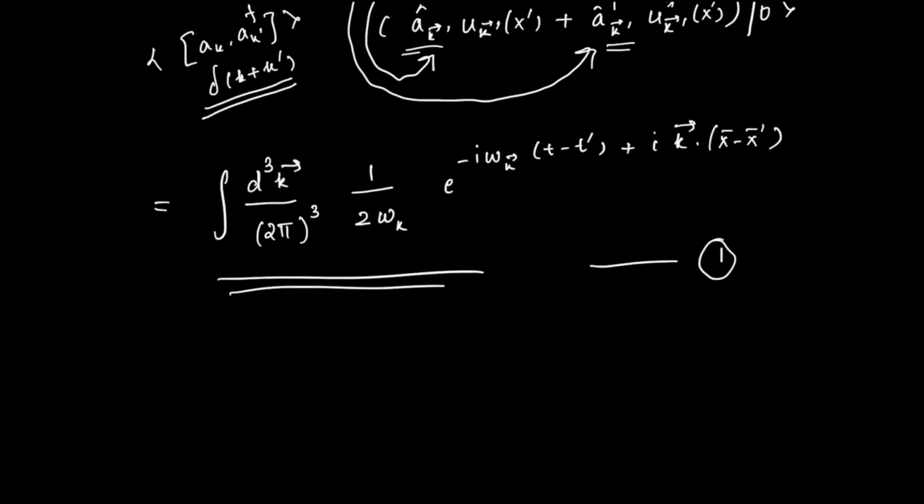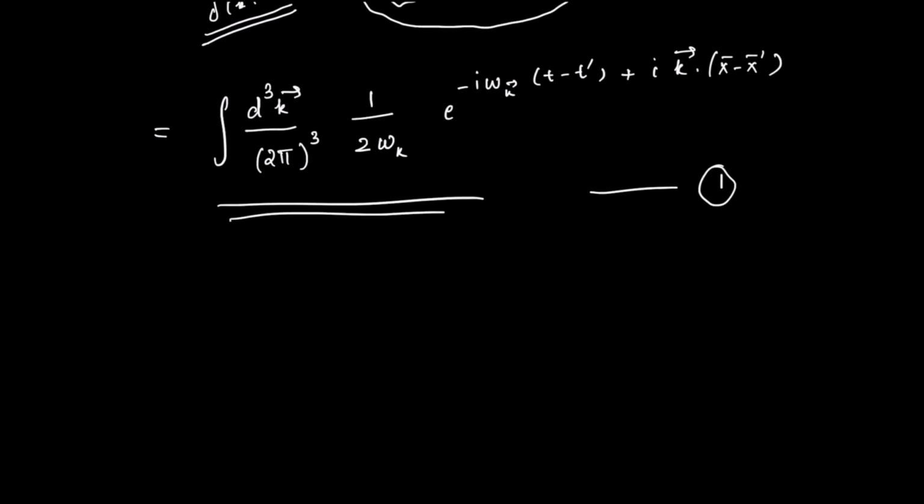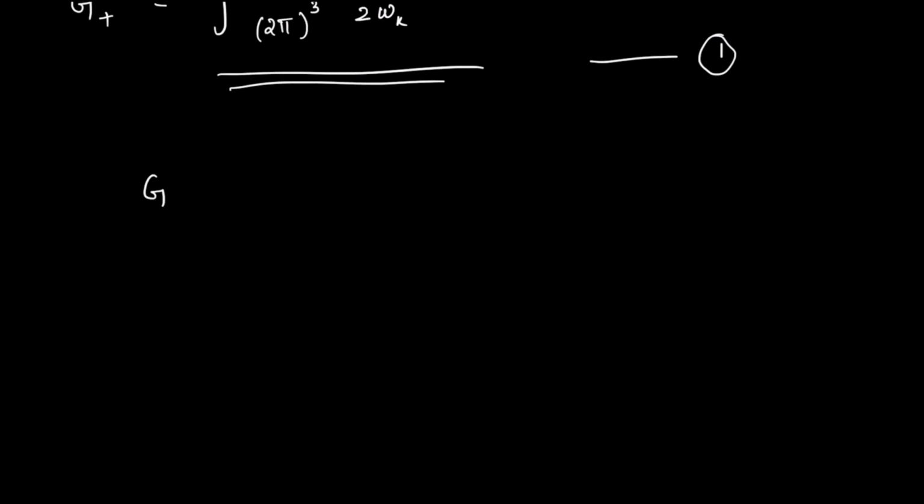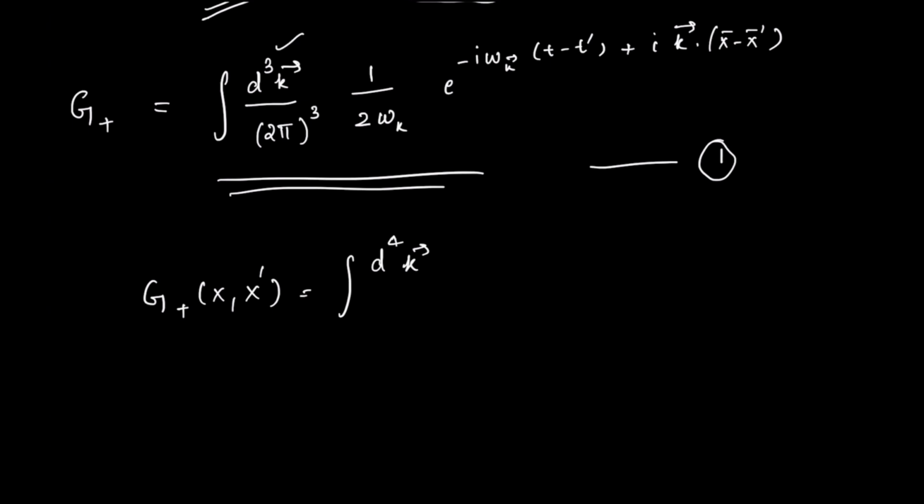We'll come back to this. Now I can also rewrite this equation for G plus in another form. I don't know how many of you are familiar with this form. I can write G plus of x, x prime as integral of d raised to 4 k. You have to note here it was d cube, and here it is 4 because I am integrating the time also into this integral, so I have to write 2 pi to the power 4, and I am multiplying a 2 pi here.